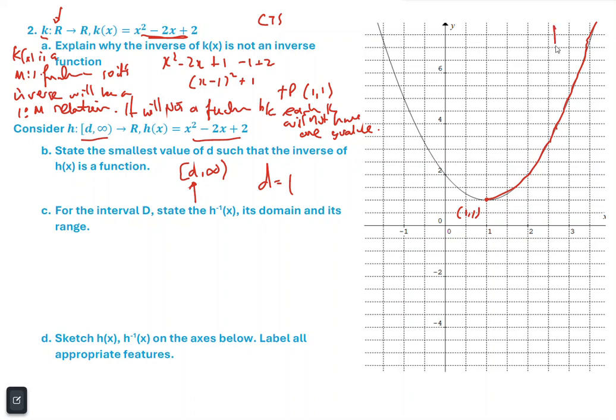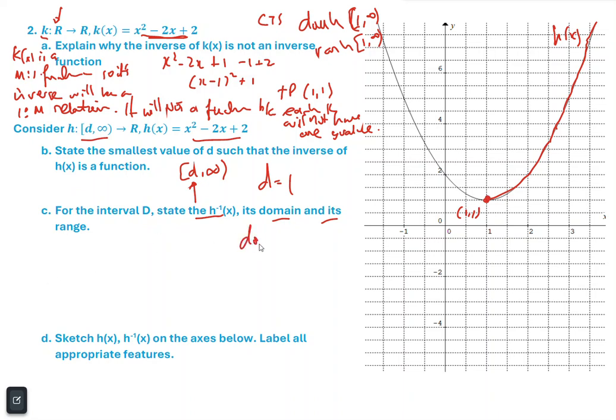I'm going to call that h of x in red, and there's my endpoint at (1, 1). Looking for the rule, the domain, and the range. Well, the domain of h is square bracket 1 to infinity. The range of h is also 1 to infinity because it now starts at a height of 1.